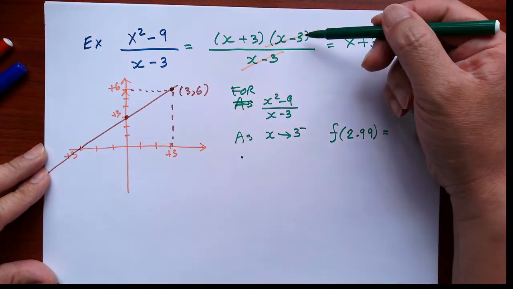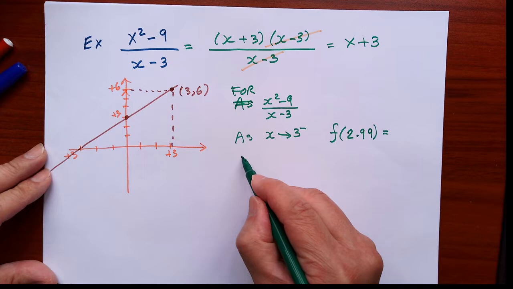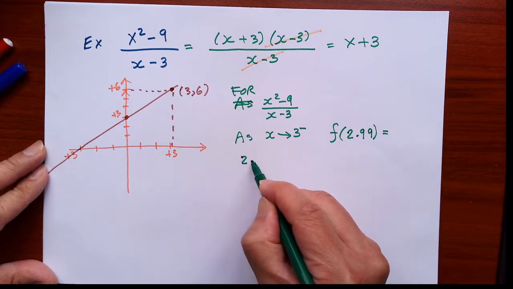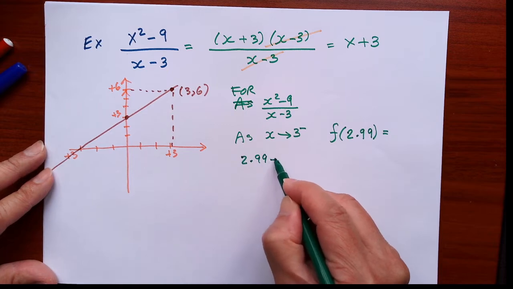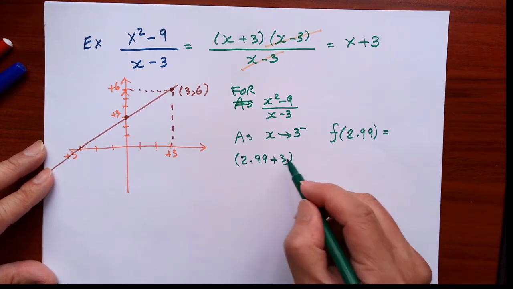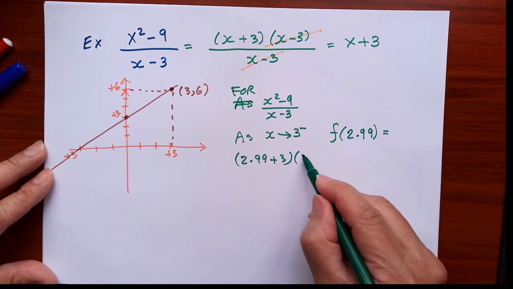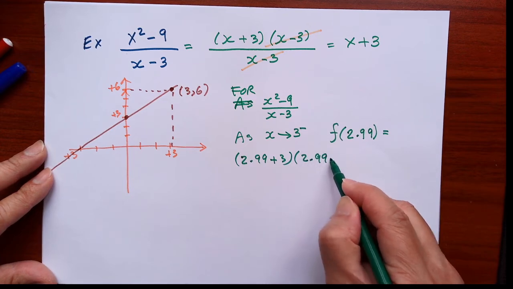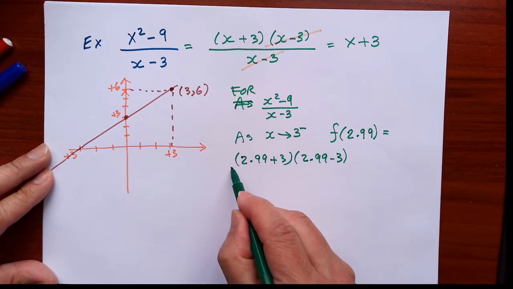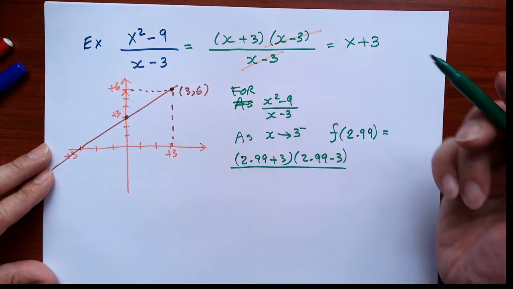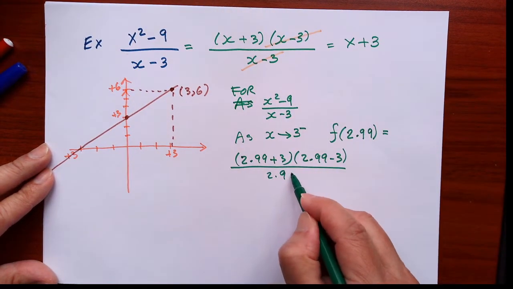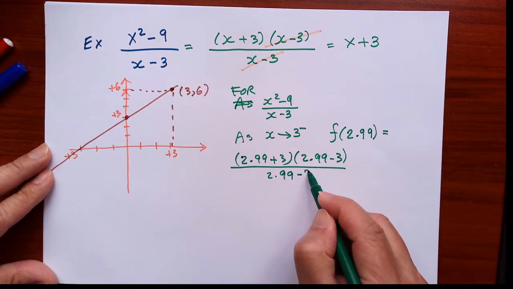I can write it in this format, so it's easier to calculate: (2.99 plus 3)(2.99 minus 3) over 2.99 minus 3.